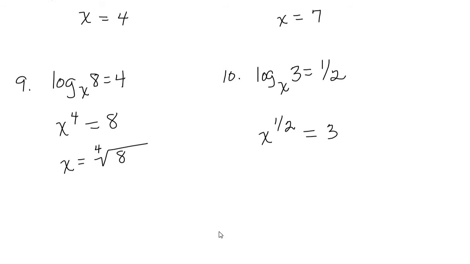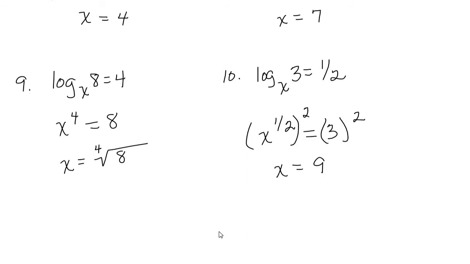Now, what I need to do to solve this is to square both sides of the equation. And squaring both sides of the equation will give me x equals 9.